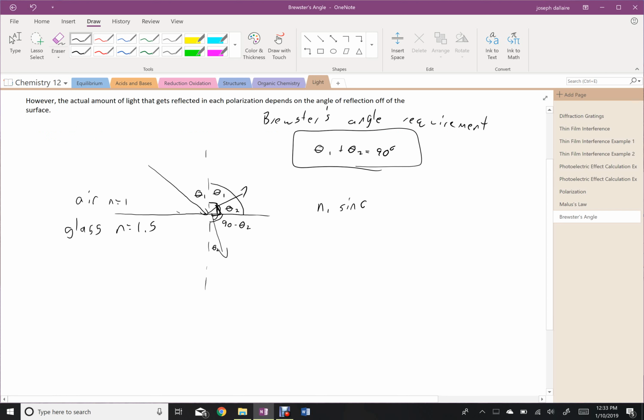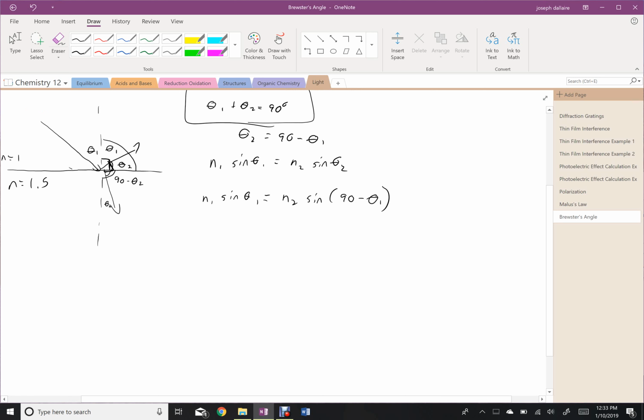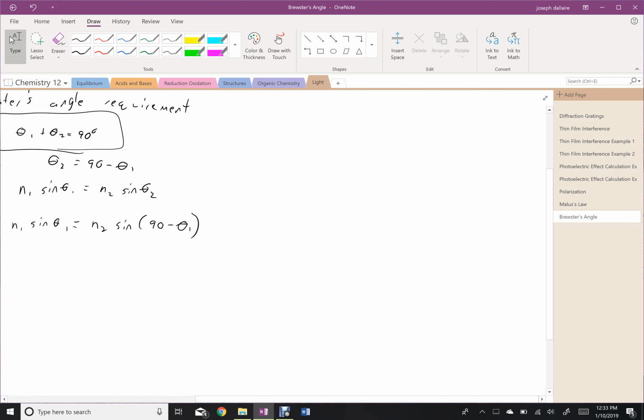n1 sine theta 1 equals n2 sine theta 2. Now, n1 sine theta 1 equals n2 sine, and I'm going to replace theta 2 here with 90 minus theta 1. And then, I don't like 90 minus theta 1, so I'm going to exploit a trigonometric identity to get rid of that.